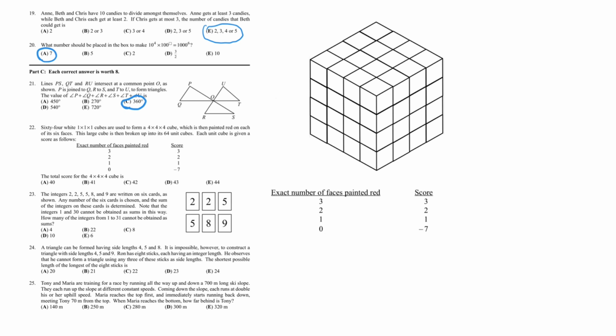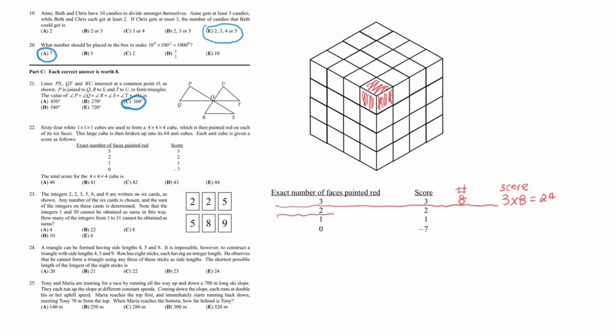Now this is the 4x4x4 cube. So let's go through the list. For the 3 faces painted red, they score 3. Only the corner cubes are painted on 3 faces. The cube has 8 corners, so the total number is 8, and the total score is 3 times 8, that's 24.